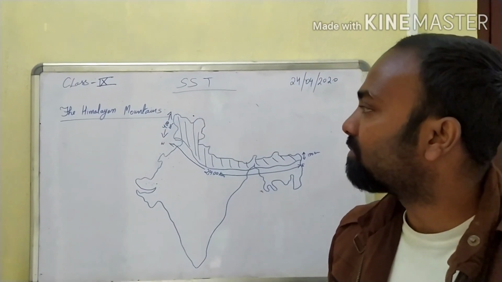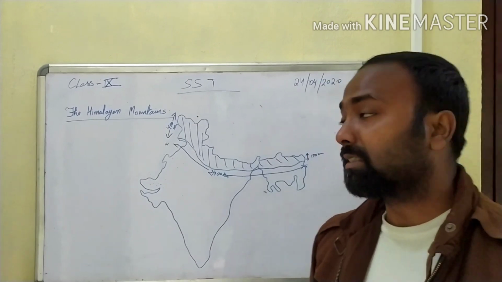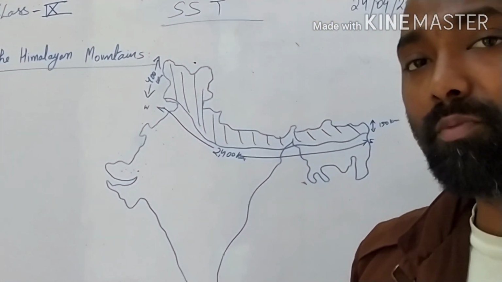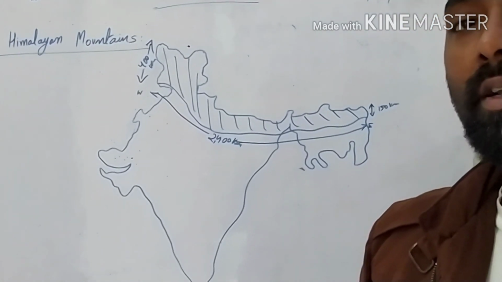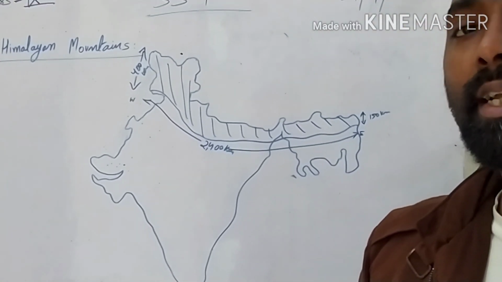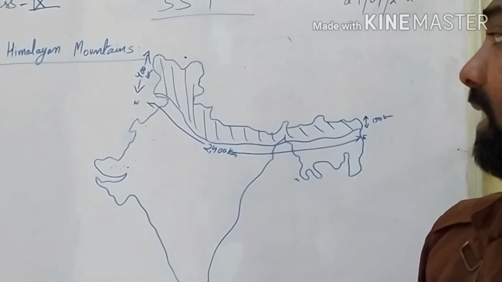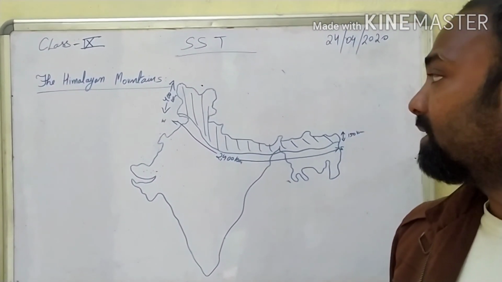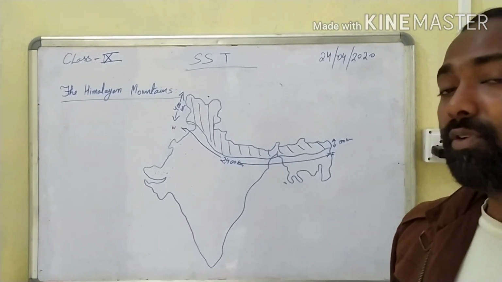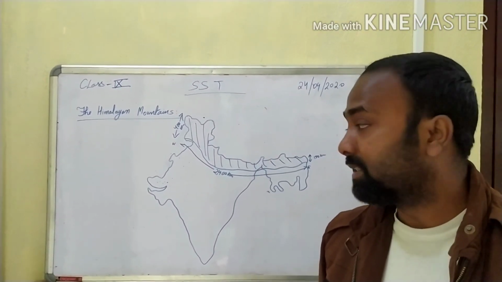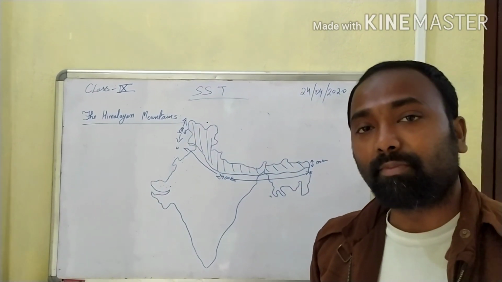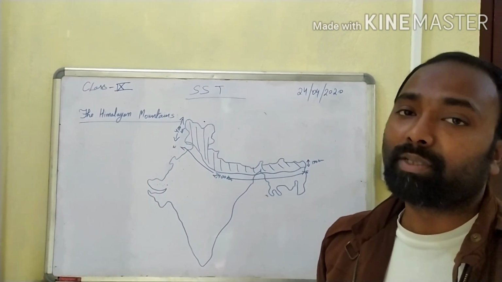Now we are going to discuss the Himalayan mountain. Our Himalayan mountain is one of the young fold mountains in the world. Geologically, it is a young fold mountain. It stretches over the northern boundaries of our country, and it is about 2,400 kilometers long.